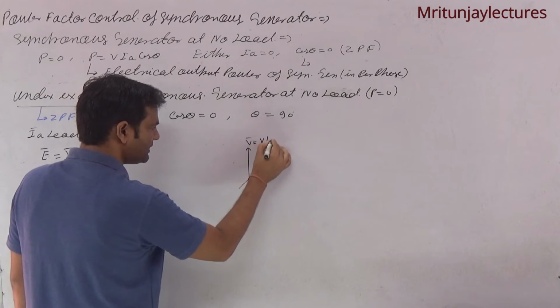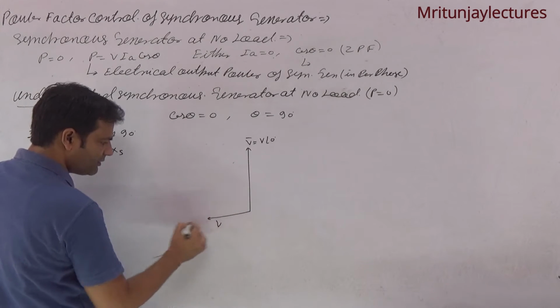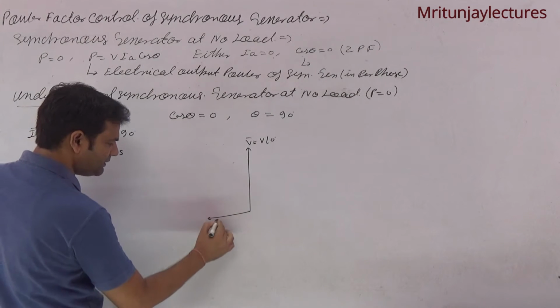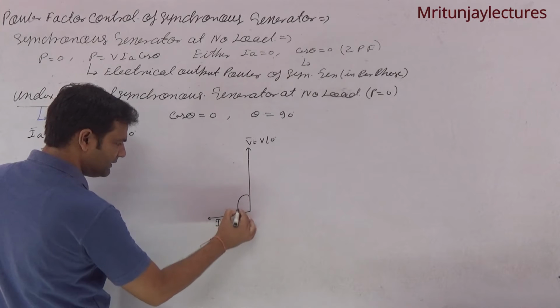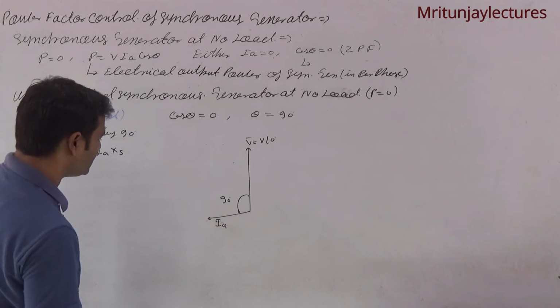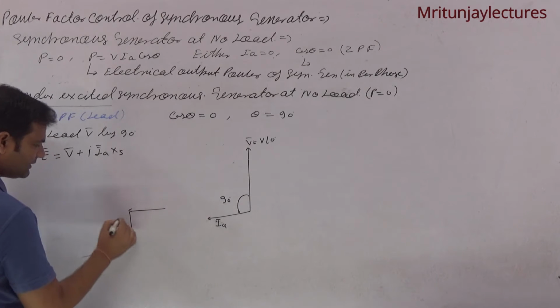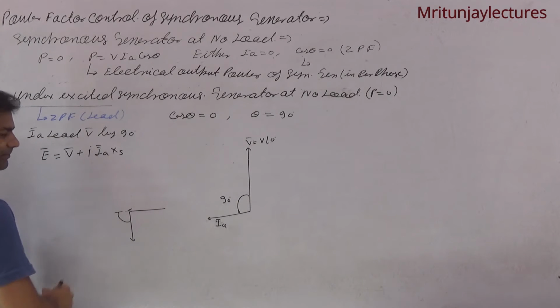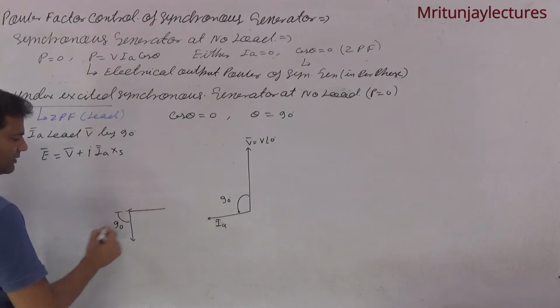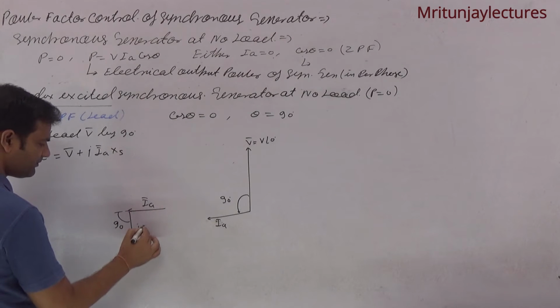It means V this be equal to V at the angle 0. What about I A? If you want to make I A, then I A like this one, 90 degree lead. If this one is I A, then what about J I A? 90 degree anticlockwise, like this one.